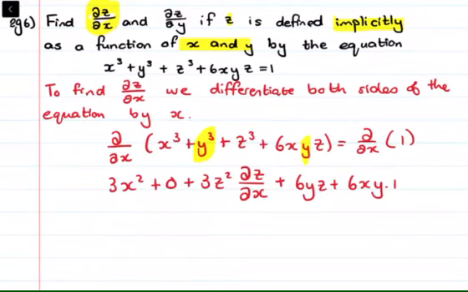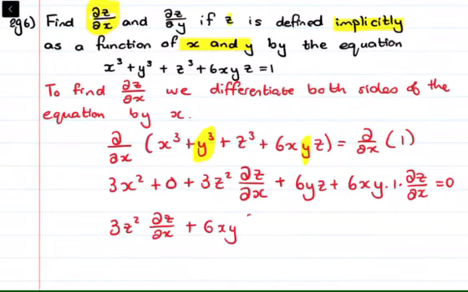The derivative of z with respect to x is 1, but I keep in mind the fact that z is an implicitly defined function, so it is partial z, partial x, which is equal to 0, okay? So that means that I have 3z squared partial z, partial x, plus 6xy partial z, partial x, which is equal to minus 3x squared minus 6yz.